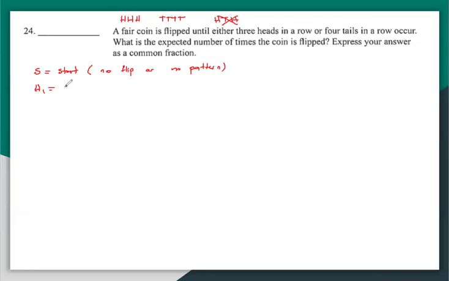Similarly, H2 is 2 heads in a row. And you can go with T1, T2, T3, or H3.